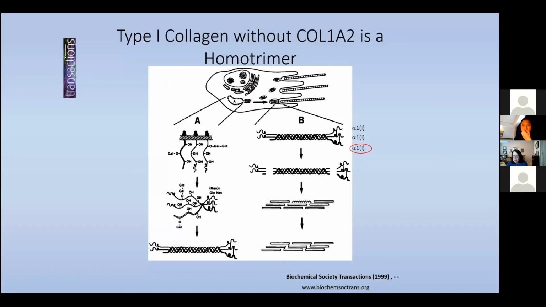So type 1 collagen is a heterotrimer with 2 alpha-1 chains and 1 alpha-2 chain, but if you don't have COL1A2, you get a homotrimer of alpha-1 chains, and that results in this cardiac valvular type of Ehlers-Danlos syndrome.